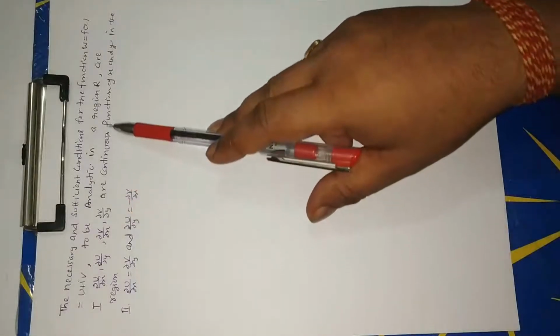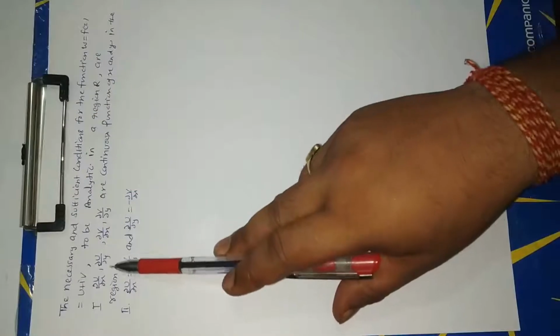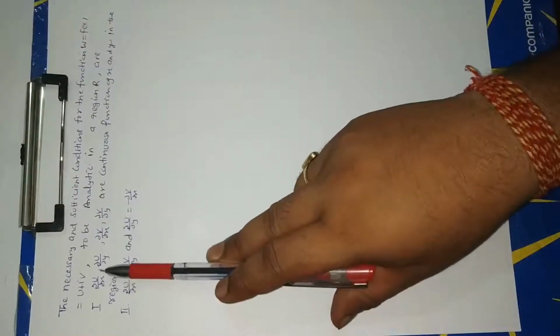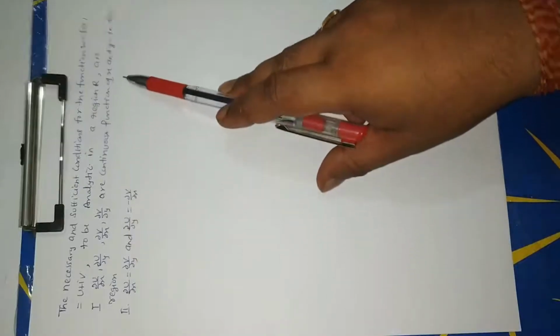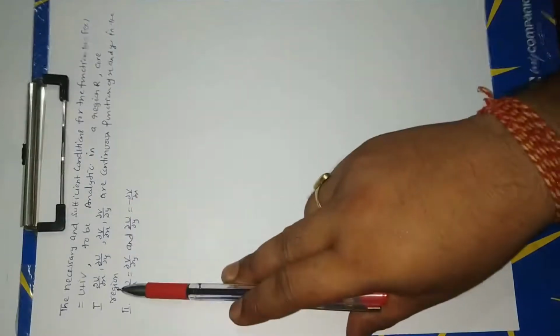Now repeat. The necessary and sufficient condition is the statement for a function to be analytic. So the answer is: the necessary and sufficient condition for the function w = f(z) = u + iv to be analytic in region R are, number first, ∂u/∂x, ∂u/∂y, ∂v/∂x, ∂v/∂y are continuous functions of x and y in the given region.